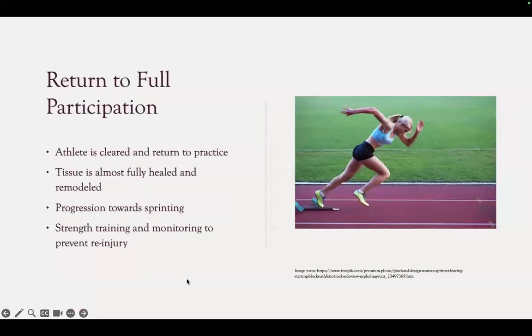the practice. And then we have the return to full participation, where the coach is working with the athlete again. The strength coaches are still focusing maybe more on the hamstring-specific exercises, communicating, very important, with trainers, with the doctors, what to do, maybe different exercises for the athletes, or whether to throw in maybe one more set or a couple more reps of a certain exercise.